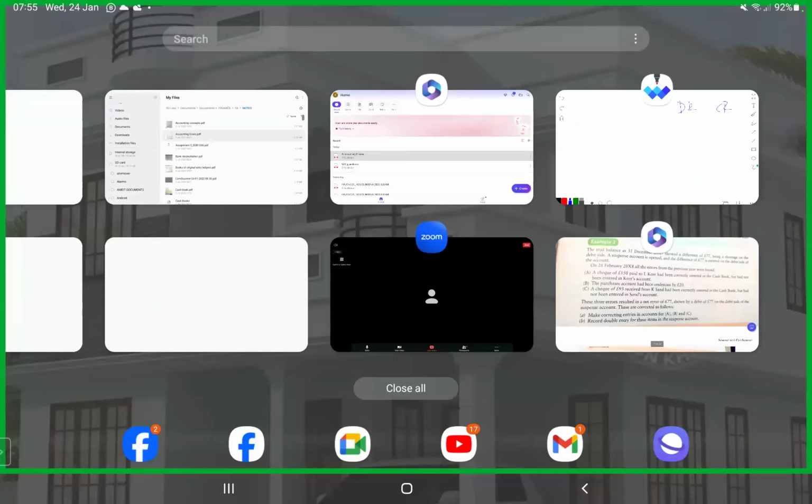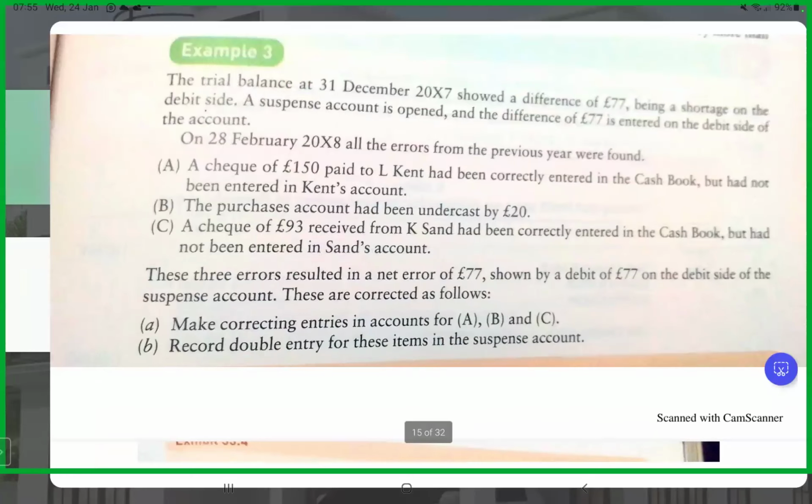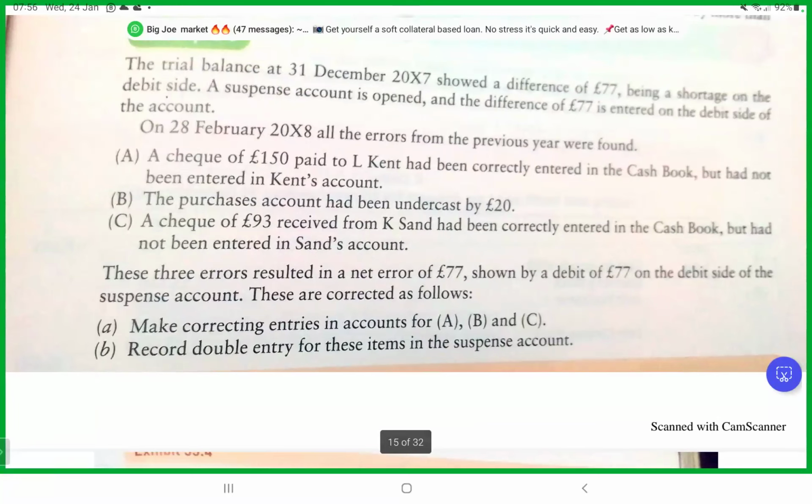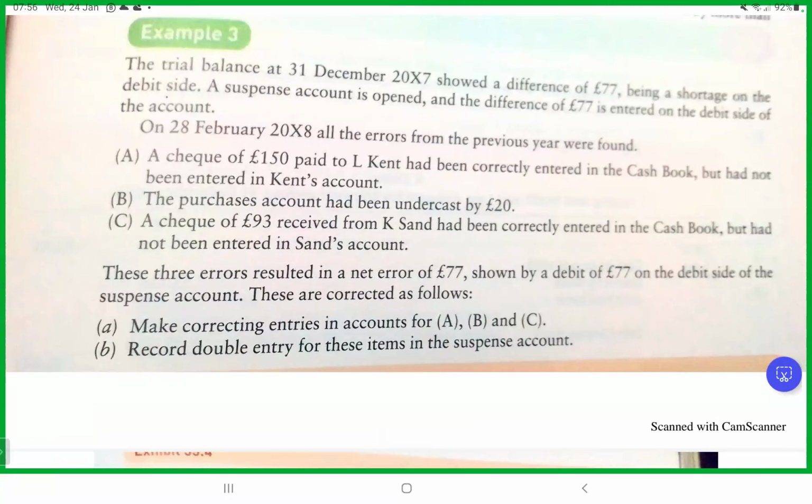Do we debit or credit Kent? Hash, what do you think? Hello?